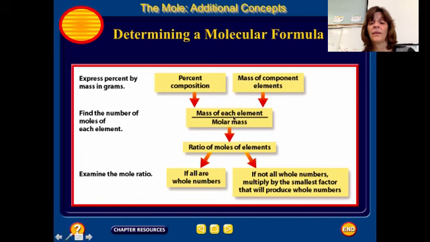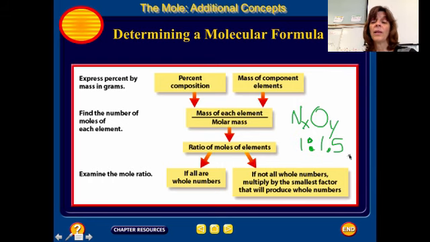For example, let's say we have a nitrogen-oxygen compound and we don't know what the subscripts are. But I find through this process that the ratio of the moles is 1 nitrogen to 1.5 oxygens. That is not a whole number ratio, but we could get to whole numbers by multiplying the whole thing by 2.